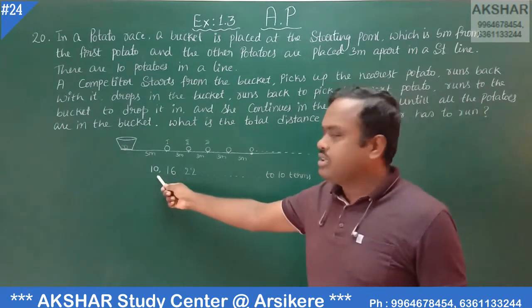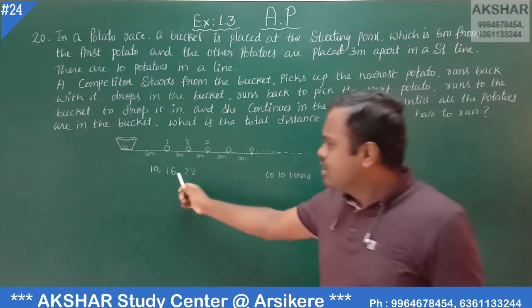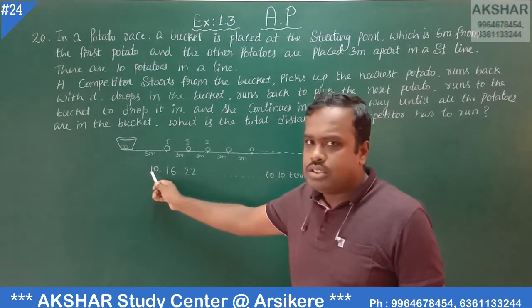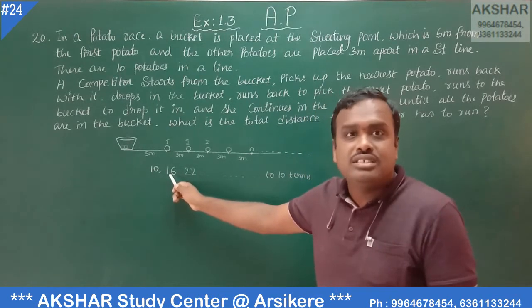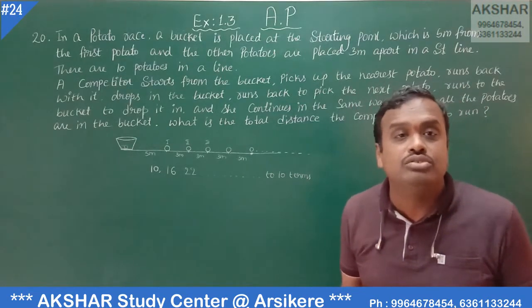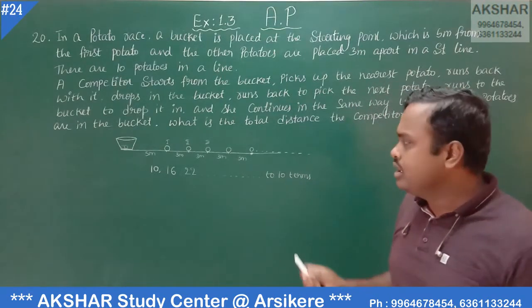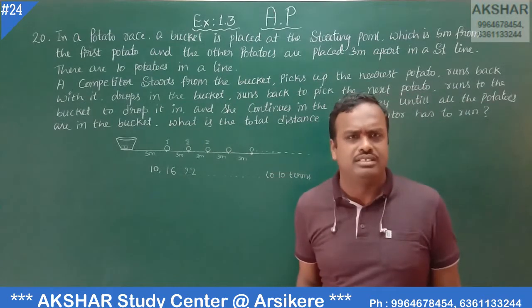Yes, this is the arithmetic progression. Is it arithmetic progression? Yes, let us check. 16 minus 10, 6. 22 minus 16, 6. So, yes, these terms are in arithmetic progression. So, we can easily use the SN formula. That's why, children, arithmetic progression is very, very important to solve so many problems like this.